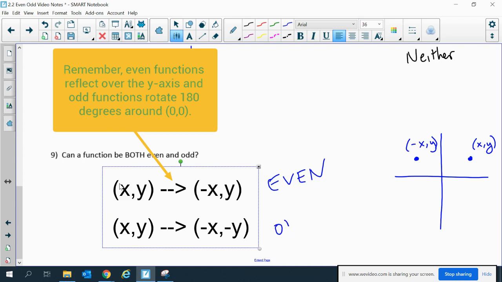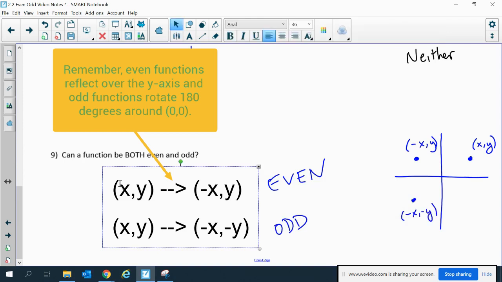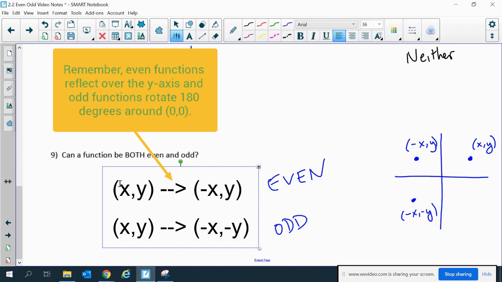In order for it to be odd, it would have to mirror over to negative x, negative y. It can't be both even and odd at the same time, because in that case, if both of these were true, then you would have 2 points on the same function that would have the exact same x values and different y values. That would not be a function. Therefore, this is not possible.